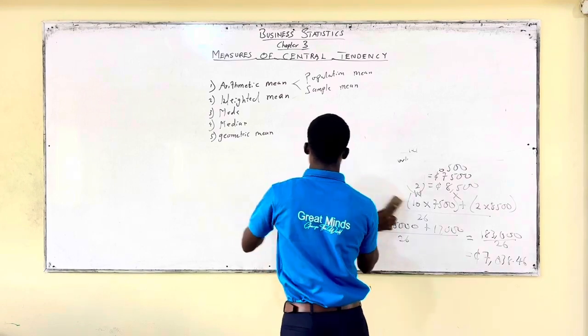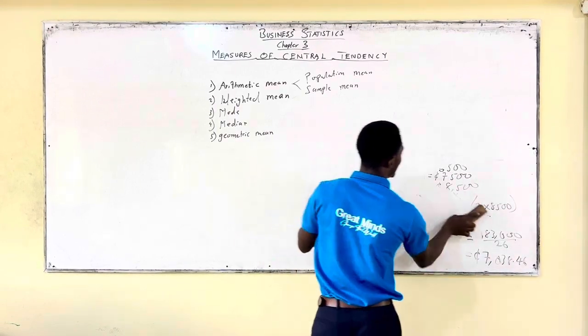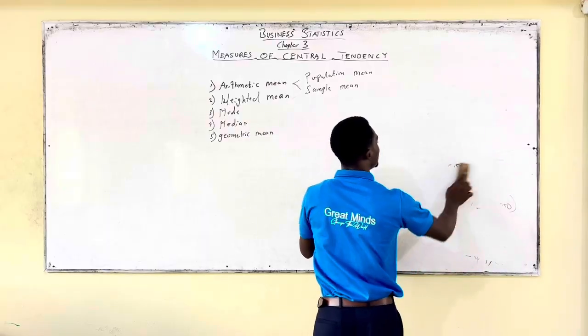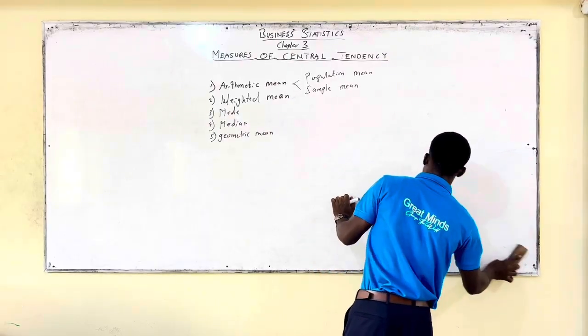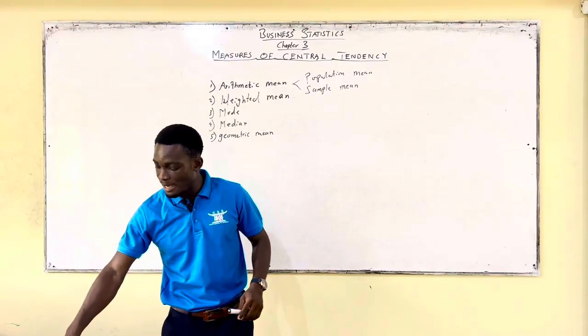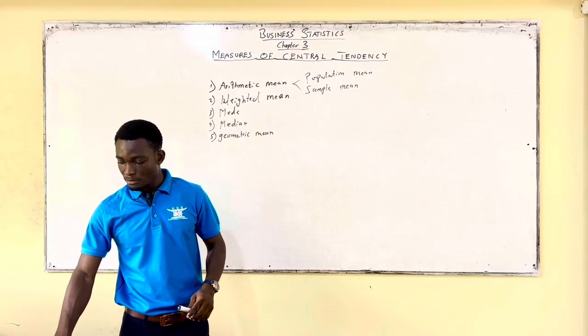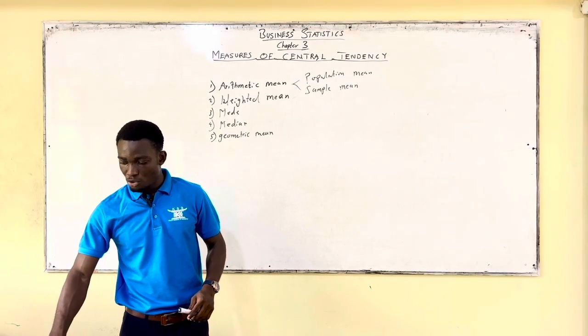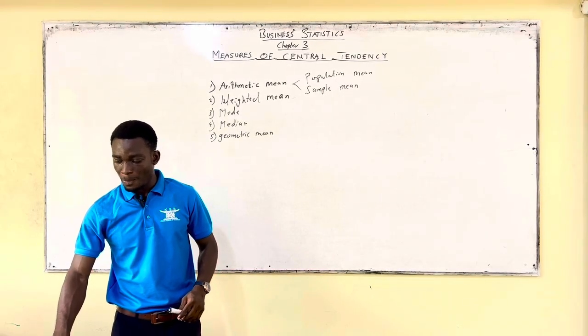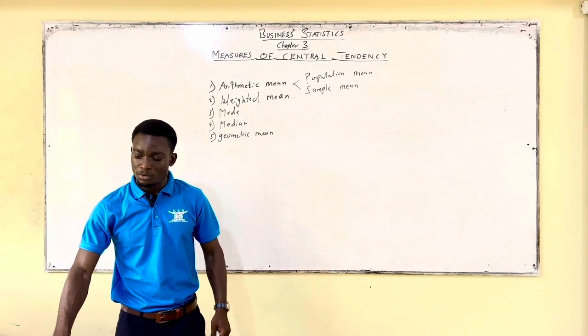So we can move on to geometric mean. Since we are on mean, let's jump to geometric mean, leaving mode and median, which we will come back to some other time. So let's go to geometric mean. Now, we have two types of geometric mean.